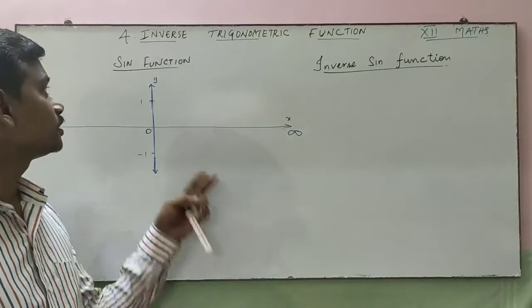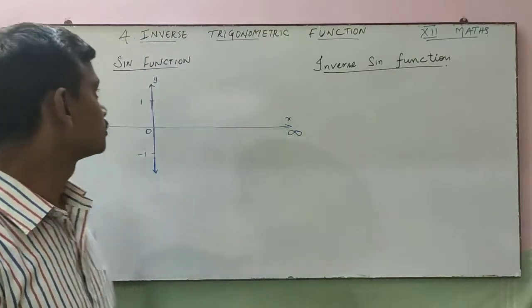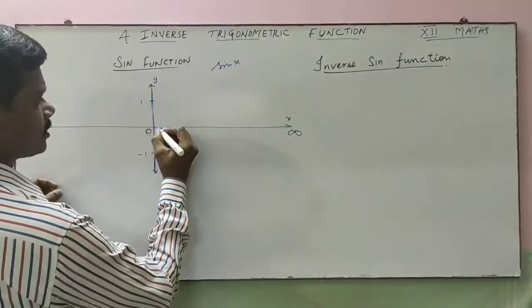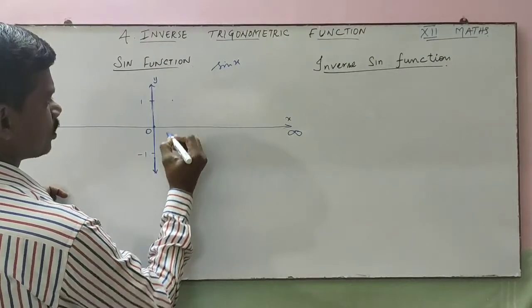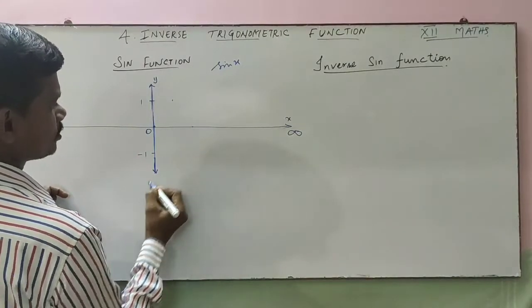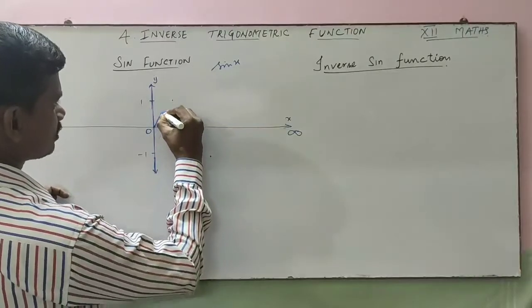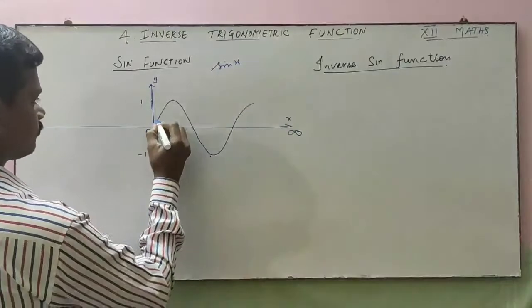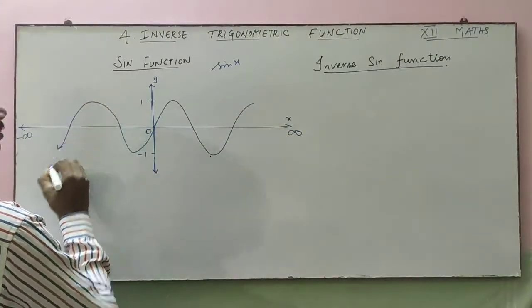Now we are going to see the graph of the sine function and the inverse sine function. So the graph of the sine function: sine 0 is 0, sine 90 degrees is 1, sine 180 is 0 again, sine 270 is minus 1. So the graph goes like this. To the negative side also it goes like this.